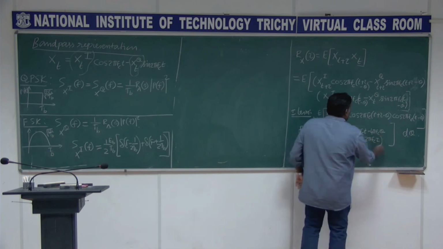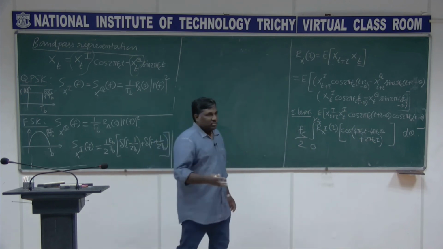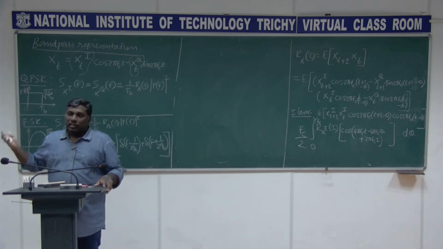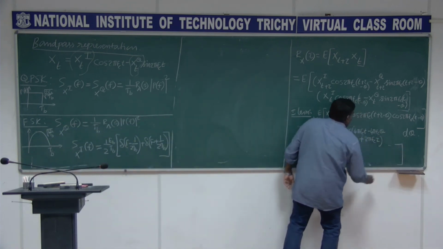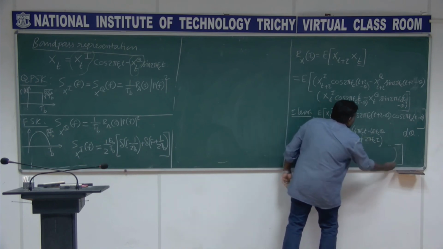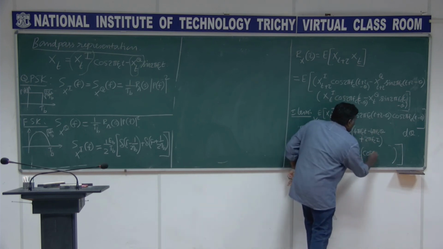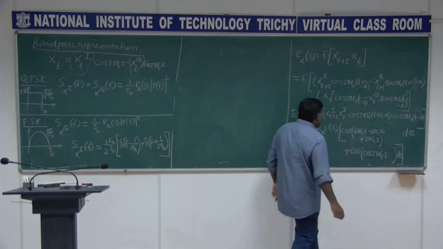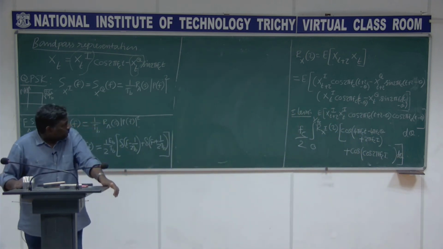So this is one term, and the second term is the difference, cos a plus b plus cos a minus b I need to have. So the next term, the difference term, you get only this cos 2 pi Fc tau and d theta, just like what we discussed in the previous example.